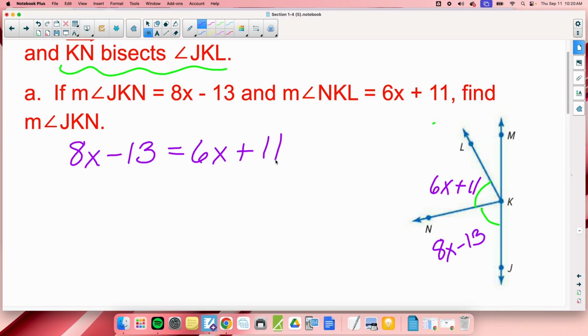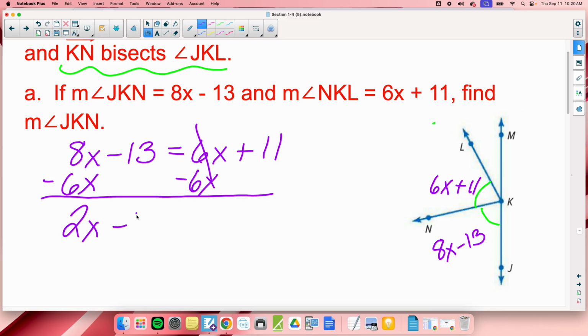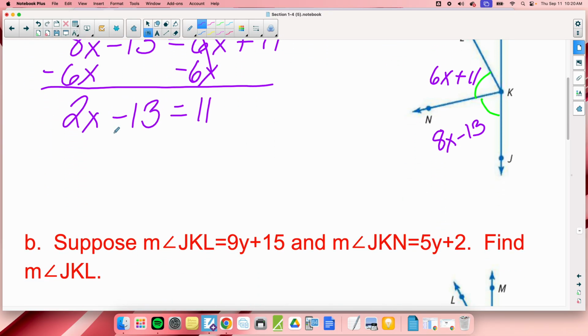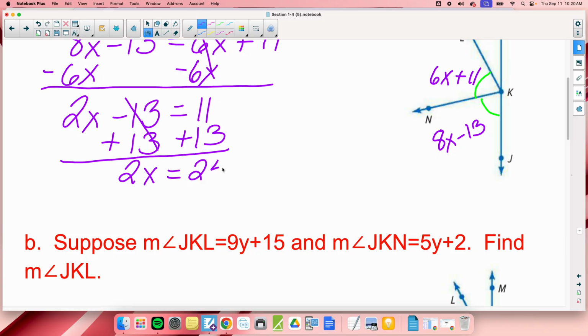So I'm going to bring my 6x over by subtracting, and I get 2x minus 13 equals 11. Then I add 13, and I get 2x equals 24. Divide by 2, and x is 12.